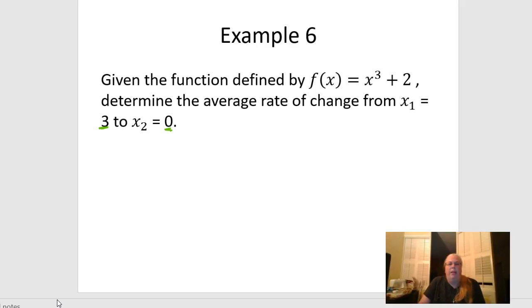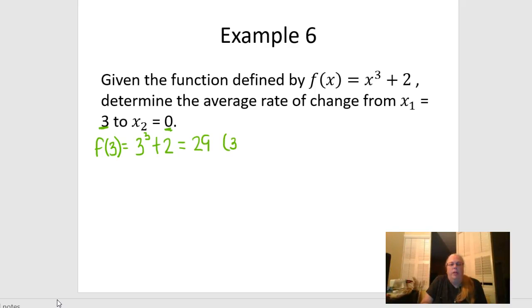And in order to find a rate of change, which is just a slope, I need to have the y values. So the first thing I'm going to do is find out what y I get when I plug 3 into my function, and then what y I get when I plug 0 into the function. So let's do f of 3 is going to be 3 to the third power plus 2. 3 to the third is 27. 27 plus 2 is going to give me 29.